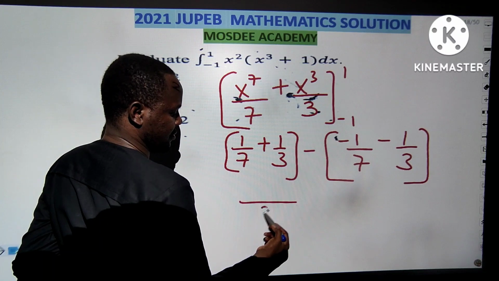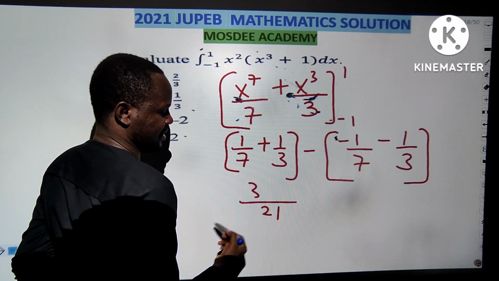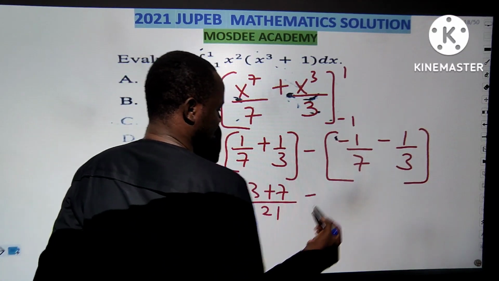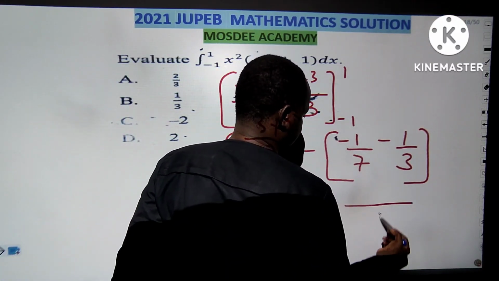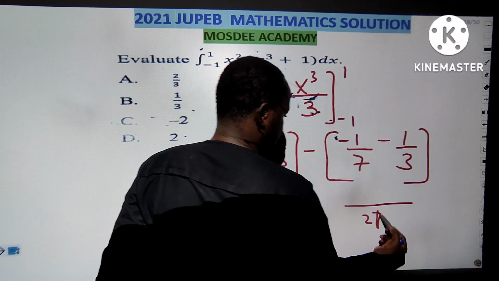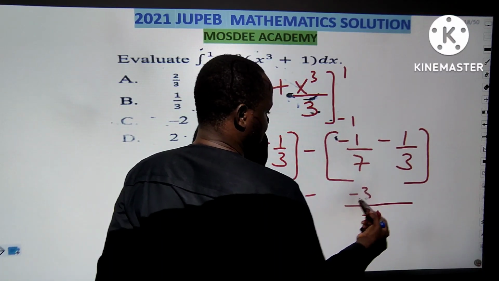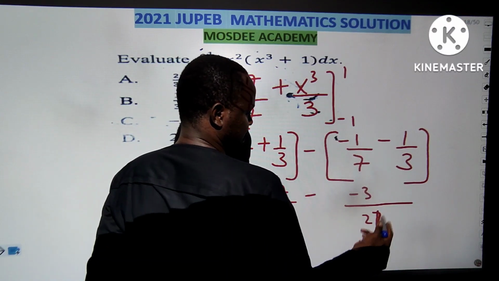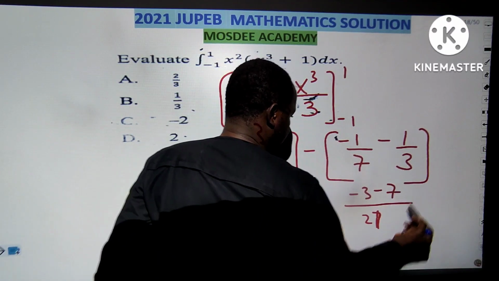The LCM is 21, I guess. This is 3 plus 7. Then minus, 21 as well, that is minus 3, minus 7.